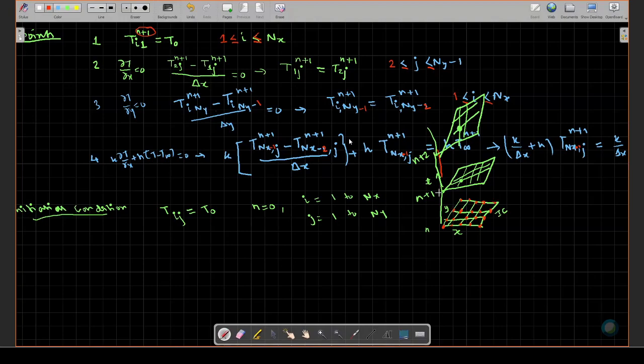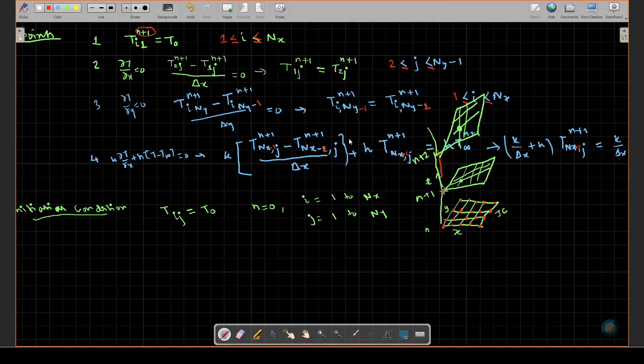But when I come to n + 1 and want to maintain the boundary condition, I am saying at this second n + 1th level, not at the nth level, because at the nth level the initial conditions are there. So at T n + 1, that boundary condition you will have to apply.